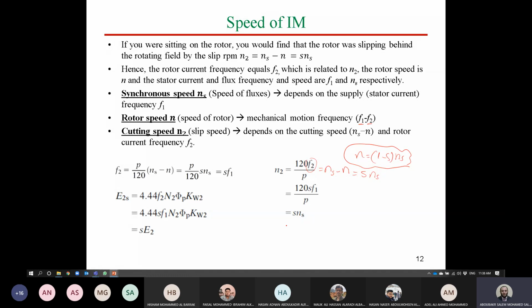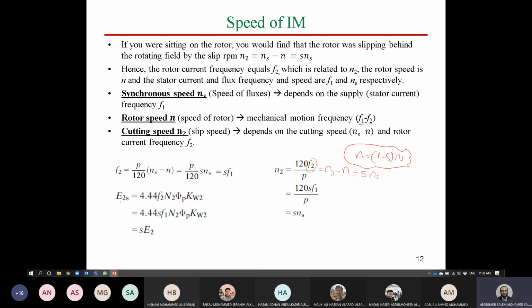Now to provide the equivalent circuit, we need to recognize the frequency and EMF for these windings. If we have a stator with frequency F1, what will be the induced voltage at the rotor side?